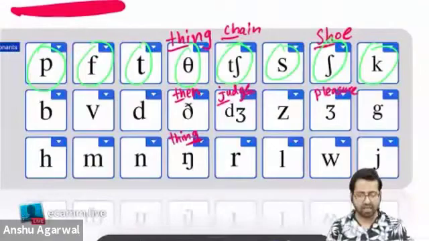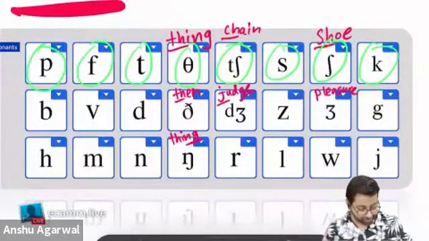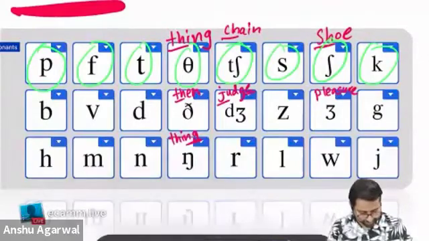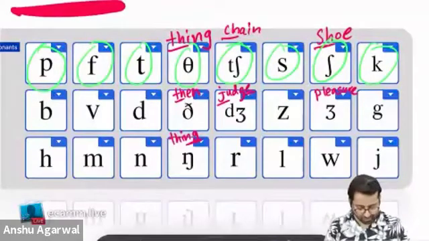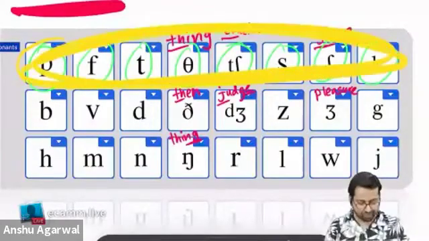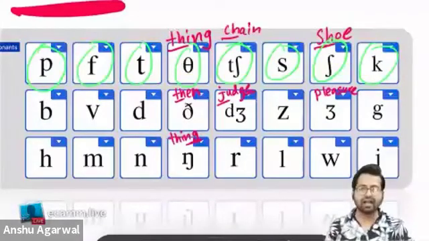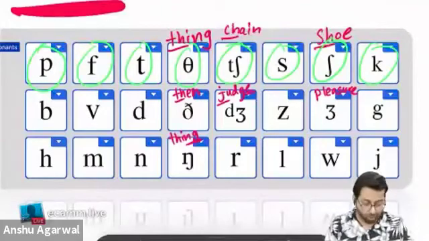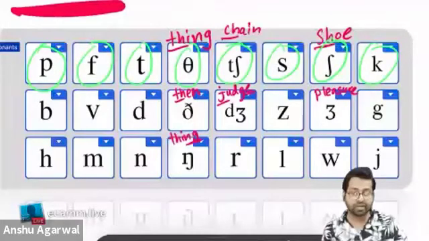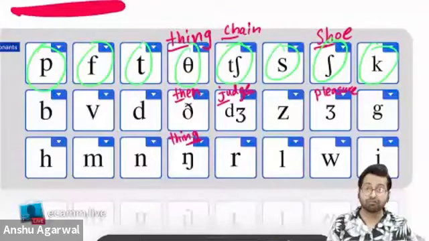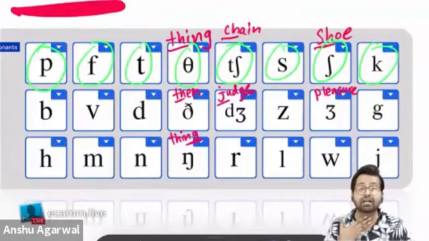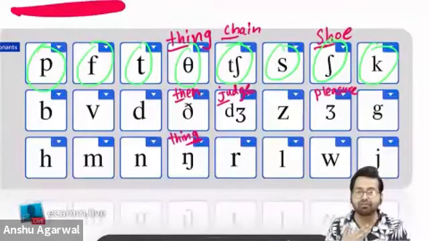And here's something that's going to be really helpful for you. Pay attention. All of them which were unvoiced have a counterpart, a partner, which is voiced. They have vibration. Produce the same sound p, but add vibration and add the voice in it.